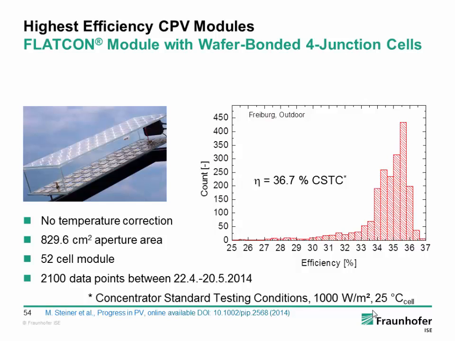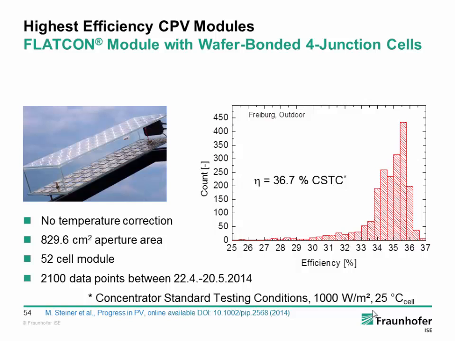So now we use these solar cells and put them into applications. The very first cells, and it's not a single cell which was made, it was really on wafer, it's an industrial process. So we could use that and put that in our technology which we developed. We call that FlatCon, which abbreviates Fresnel lens all-glass tandem cell concentrator. Basically you have here a Fresnel lens which focuses the light on these tiny solar cells.